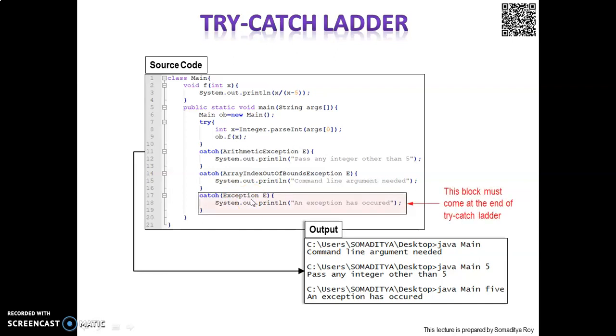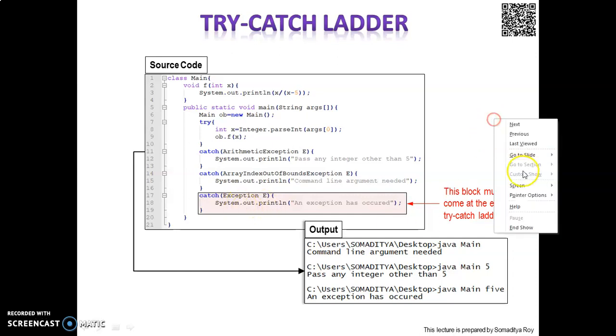Now what happens if we put that catch block with Exception in the very beginning? Well, as it is the generalized exception block, this catch block is able to handle all types of exception.